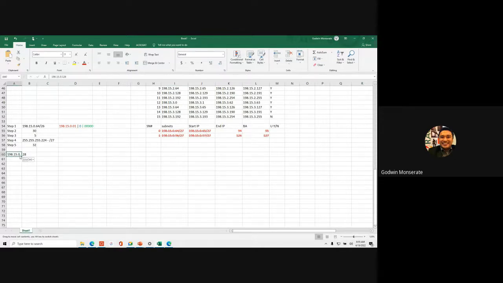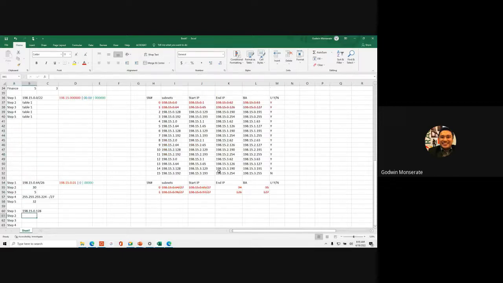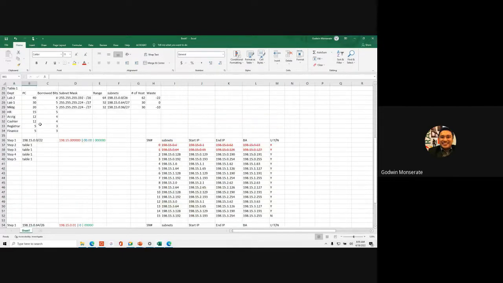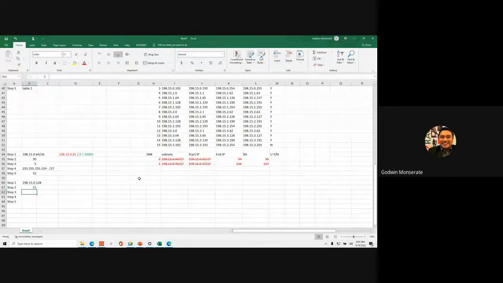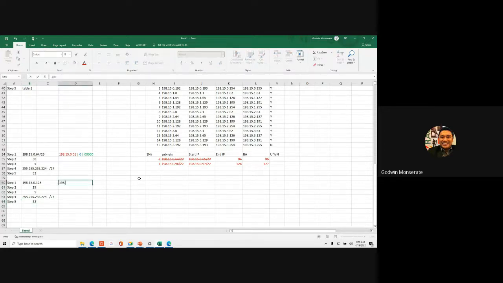You do the same steps again as what you did. So what is your requirement here? 15. Okay? 15, you will still borrow 5. Your subnet price will still be the same, because it is the same borrowing. And for step number 5, the range is still 32. But the address is different: 198.15.0.1, 2, 3, 4, 5, 6, 7.